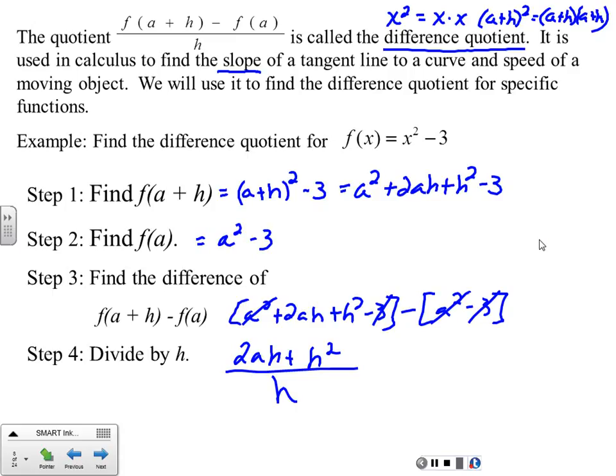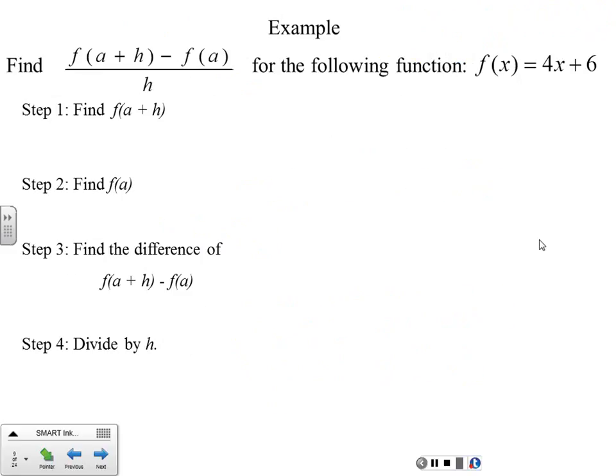There has to be an H in every single term in order for you to divide. There he is. So what's going to happen is we're going to cancel out one and only one H, and we're left with 2A plus H. And that's the difference quotient. Okay? You try.